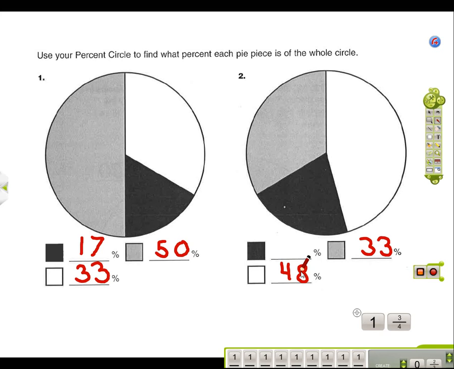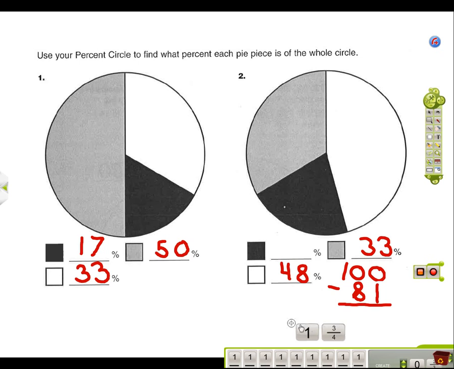Okay, write down 100 minus 81. 50 plus 33 is 83, plus 17 would be 100. Do you know why he's subtracting that? To find your answer, because if you subtract those, then you're going to get your answer. You can make that go away. Good job.